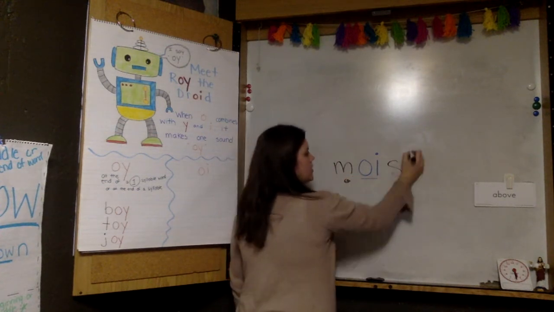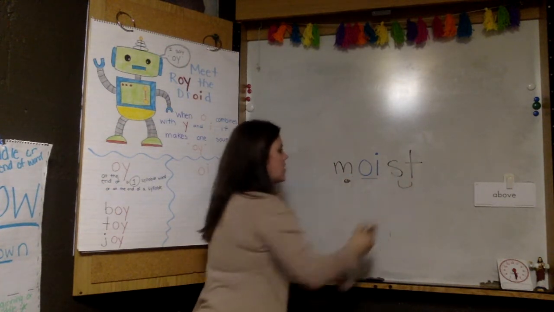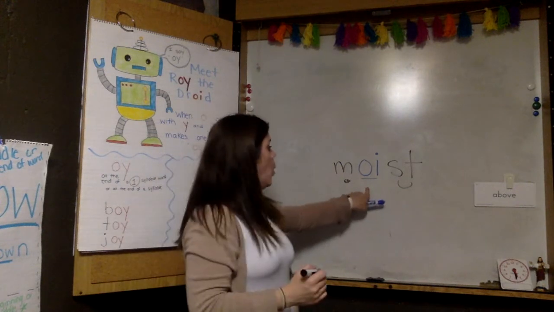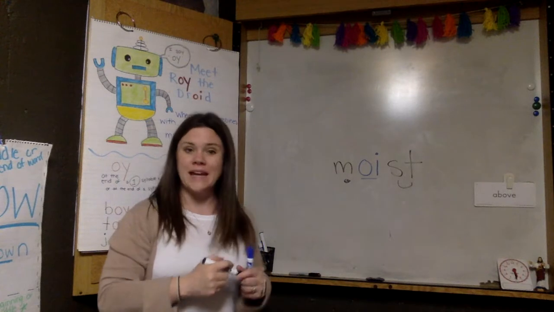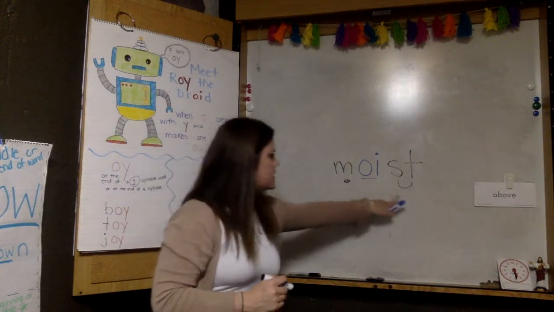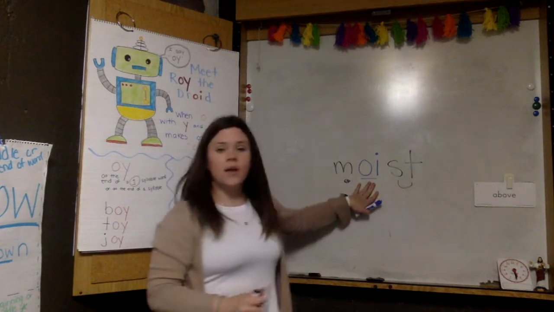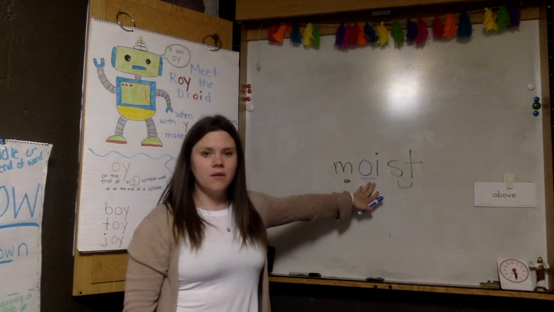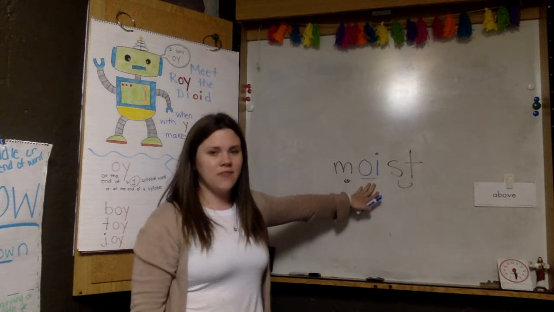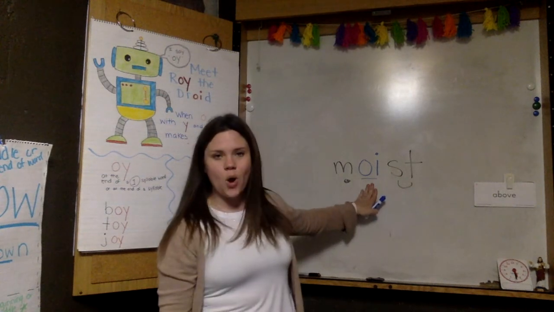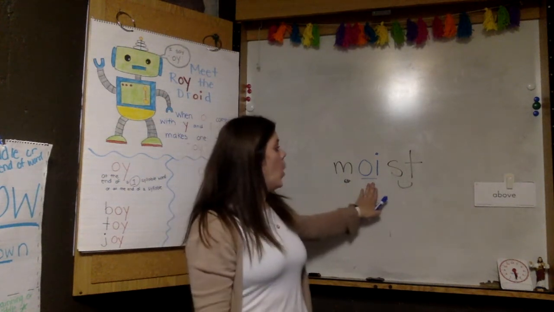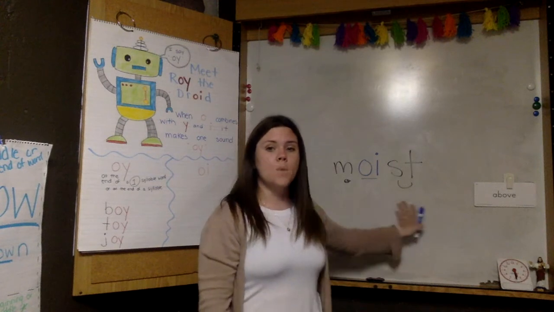Oi, st. Another end blend. Oi, st. The grass was moist this morning because it rained last night. Moist. So it can be at the beginning of a word or in the middle, right? If it appears at the end, there's always a consonant after it. Words will not end with OI. So oi, moist.